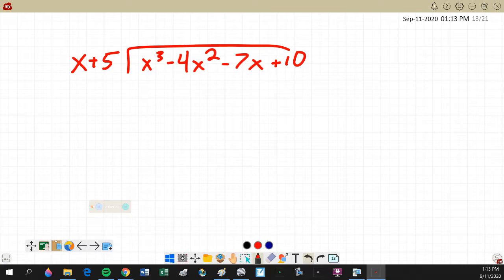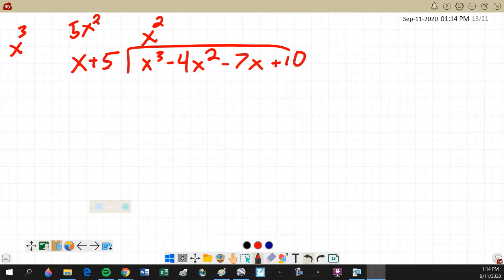So don't write this down. Don't ever do this. So how many times does x go into x to the third? X squared. Now we do this times this, and I get x to the third, and I do this times this, which is 5x squared. And then we have to put those in the correct columns.